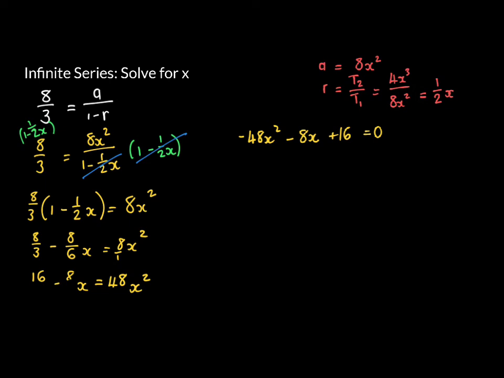So I'm dividing through by negative 8, all terms. I'm going to get 6x squared over here, negative 8 divided by negative 8, the negatives will cancel each other out. I'll just have plus x, and then over here I'm going to get minus 2, which is equal to 0.